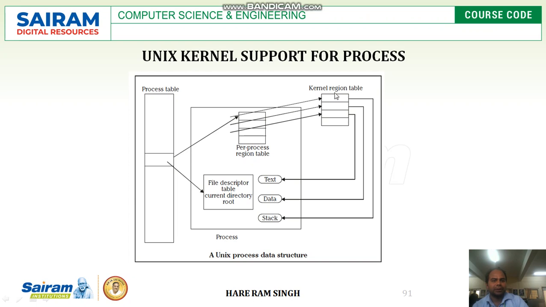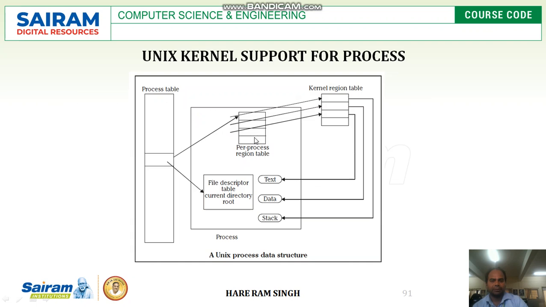In the per process region table, the kernel region table will be there, and the kernel region table will hold the addresses of the text segment, data segment, and stack segment. It means indirectly we can say that a process table contains the addresses of the text segment, data segment, and stack segment.